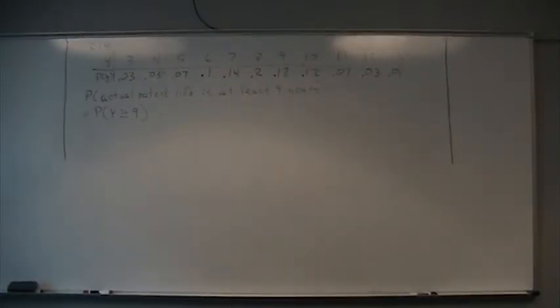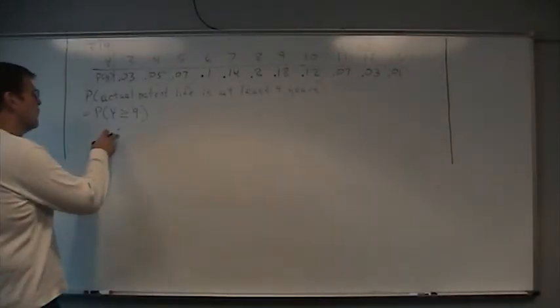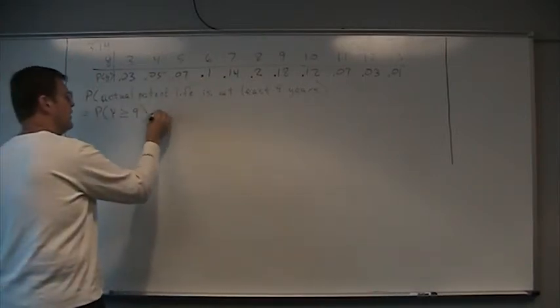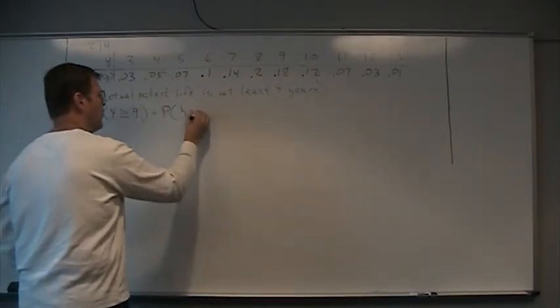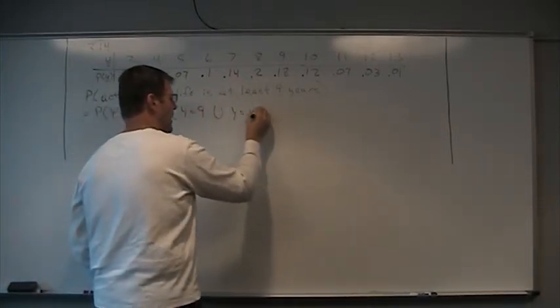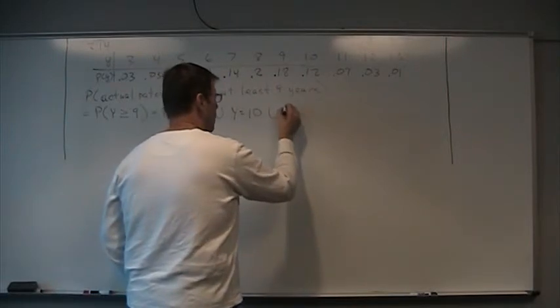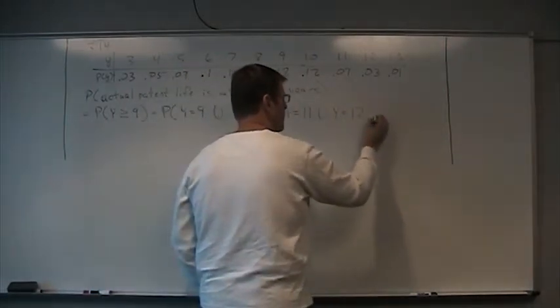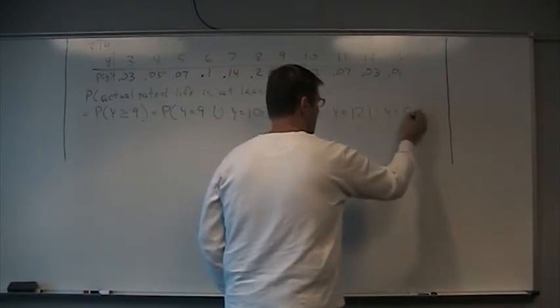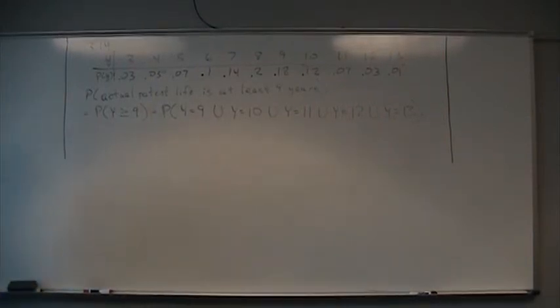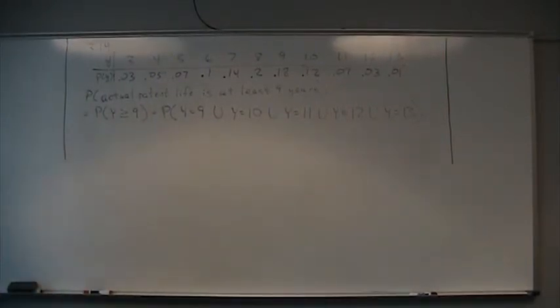One of the nice things about a discrete random variable you're about to see as we write this out. In order for y to be greater than or equal to 9, when you think about this table, this is the probability that y equals 9, union, y equals 10, union, y equals 11, union, y equals 12, union, y equals 13. Remember, the unions are ors.